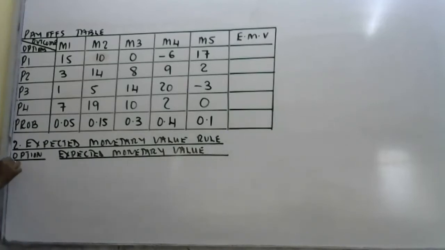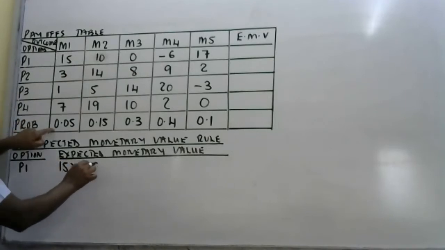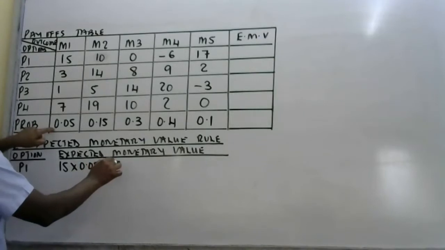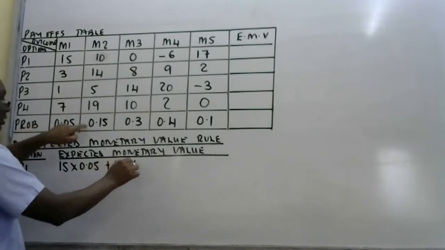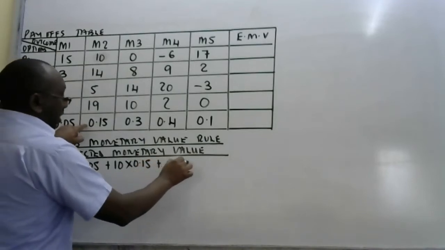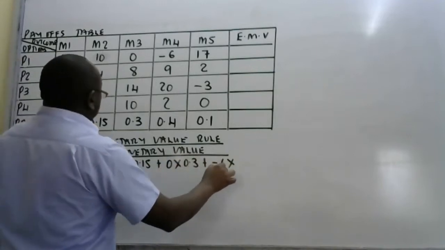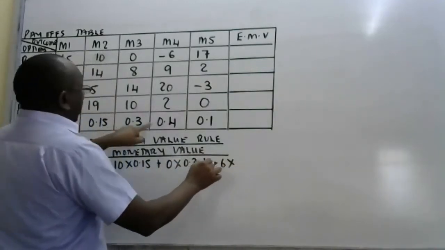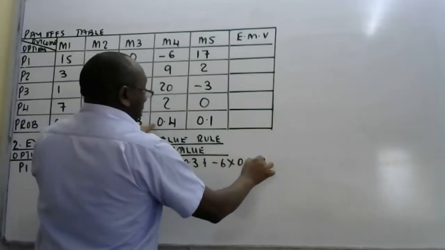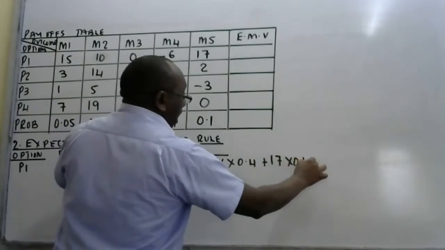So P1, you take these pairs the way they are, that is 15 multiplied by the probability down here, 0.05, plus 10 multiplied by the probability here, 0.15, plus 0 multiplied by the probability, 0.3, plus minus 6 multiplied by the probability, 0.4, plus 17 multiplied by the probability, 0.1.